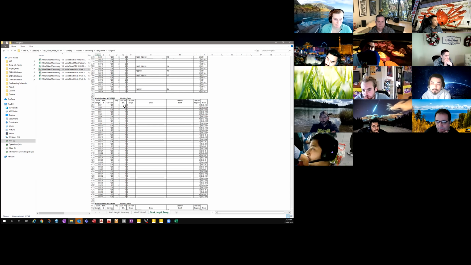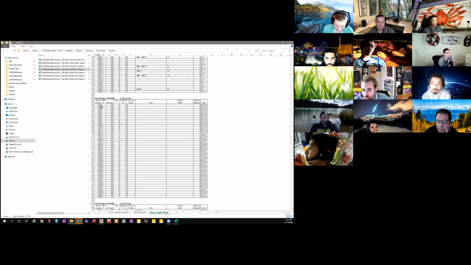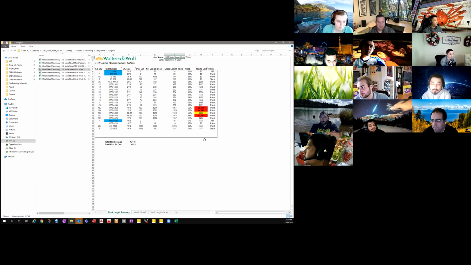So what that means is I'm going to throw away about 103 inches of drops as garbage that will not be used again. So that's why we have a lower yield percentage and a big amount of dollars wasted.